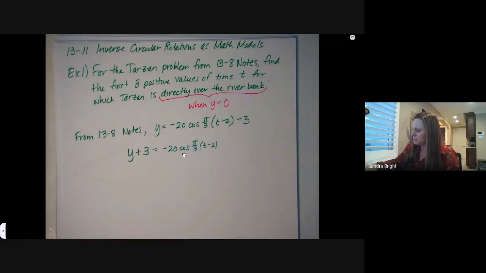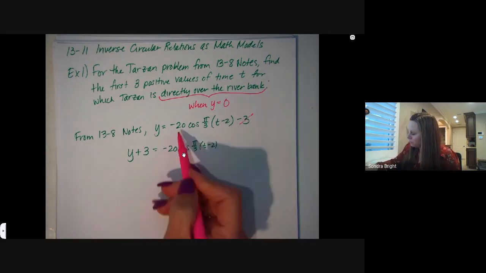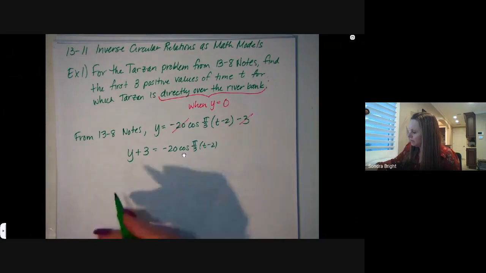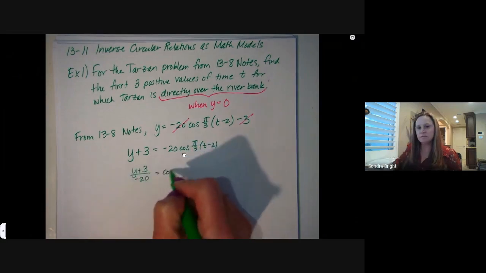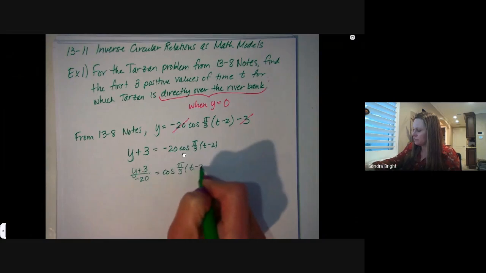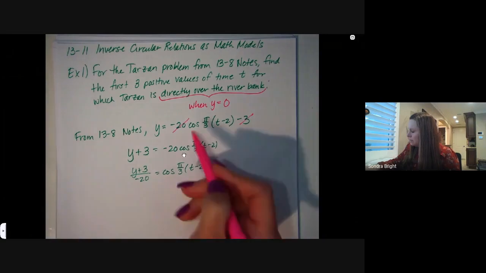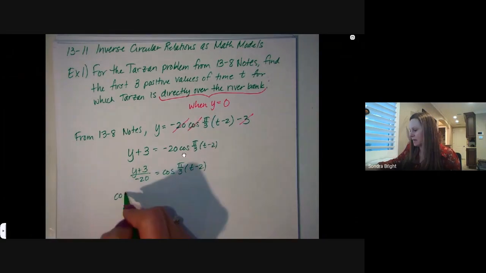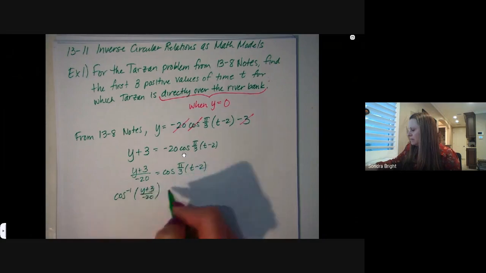Next thing we'll do is divide by the negative 20. So y plus 3 divided by negative 20 is going to equal cosine of pi over 3 times t minus 2. Next thing we did was take the inverse cosine. So inverse cosine of y plus 3 over negative 20 is equal to pi over 3 times t minus 2.